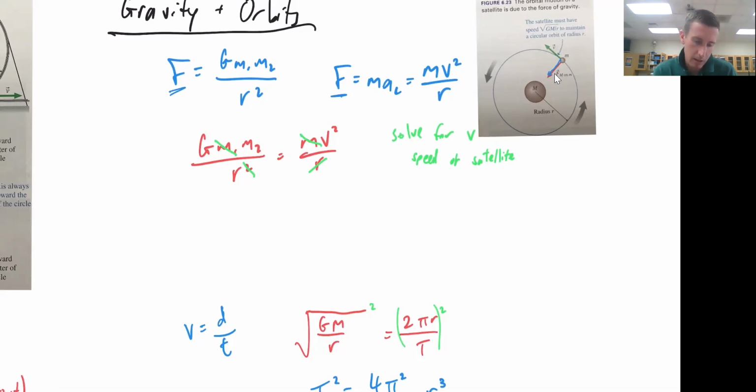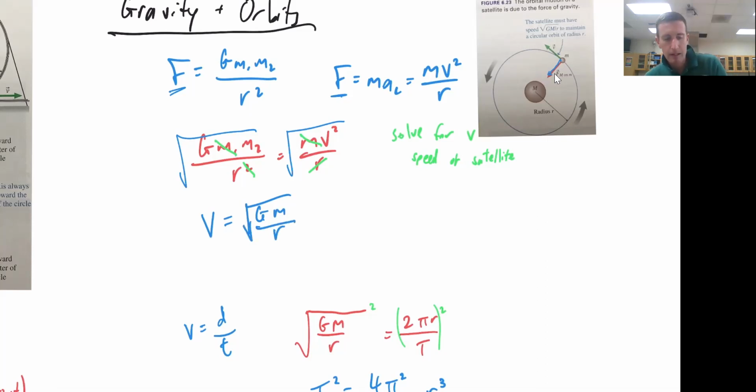So I need to take a square root there and a square root there, and I'm left with v equals the square root of big G times the mass of the planet over the radius of the planet. So this would be mass planet, radius planet.